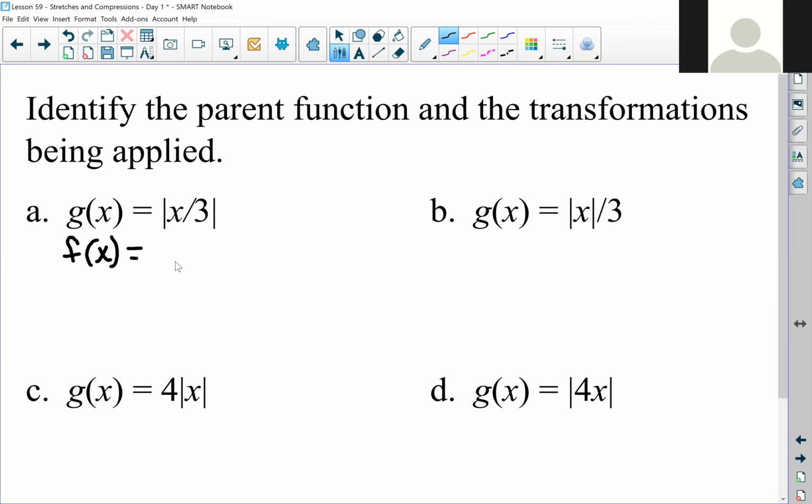The parent function is simply the function without any of the multiplication or division. So the parent function would be absolute value of x. In this case, we're dividing by 3 inside the absolute value. So that would be like f of x divided by 3. So this is a horizontal stretch.